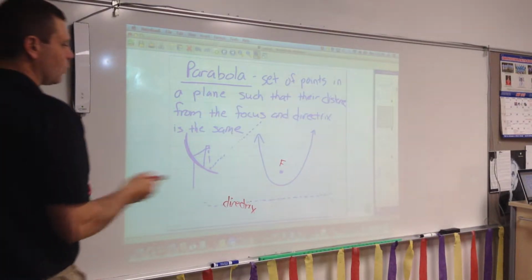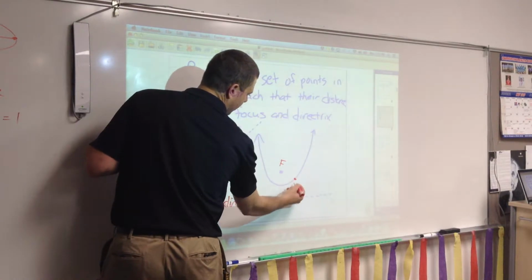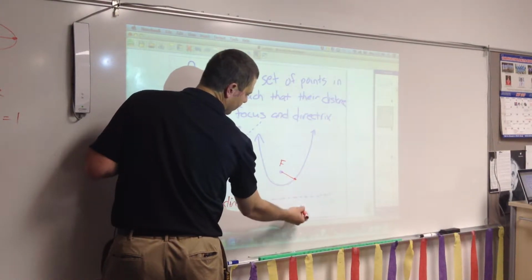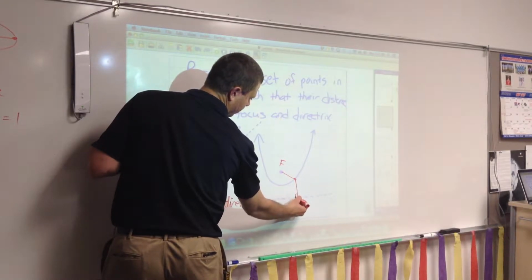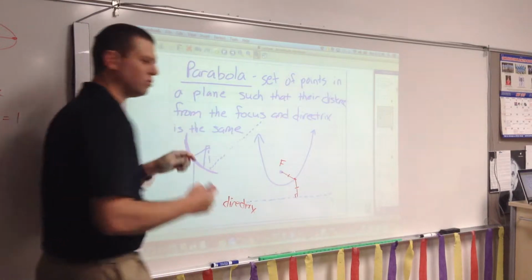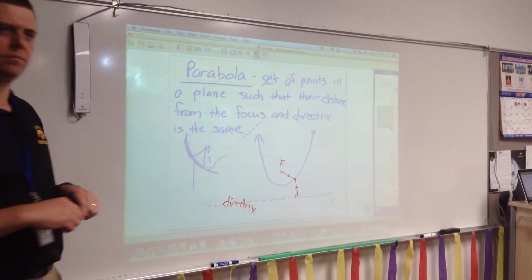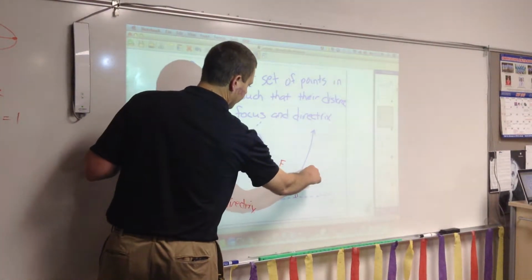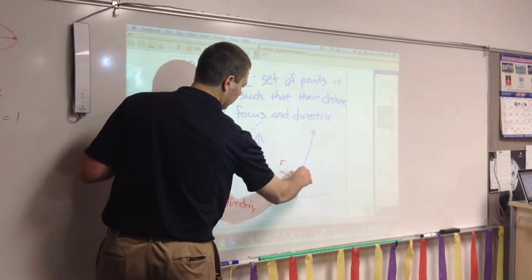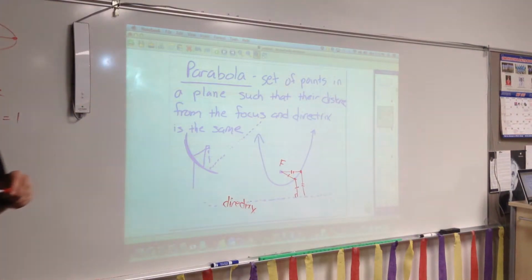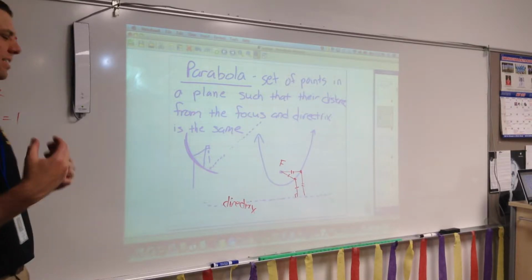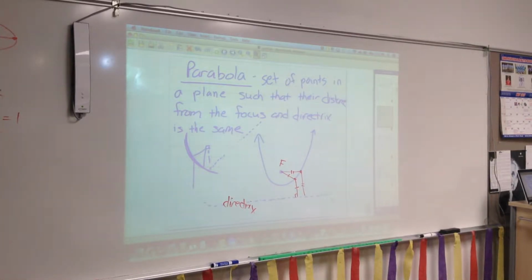So if I were to pick any coordinate on the parabola and measure the distance to the focus, and then measure the most direct distance to the directrix, those distances would be equal. Okay, if I picked a different coordinate here, again, that distance here would match this distance here. Okay? So all points in a plane such that their distance from the focus and the directrix is the same. So that's the definition of a parabola.